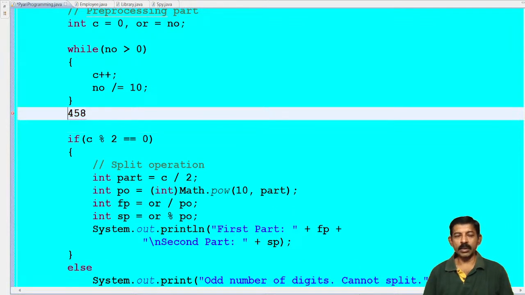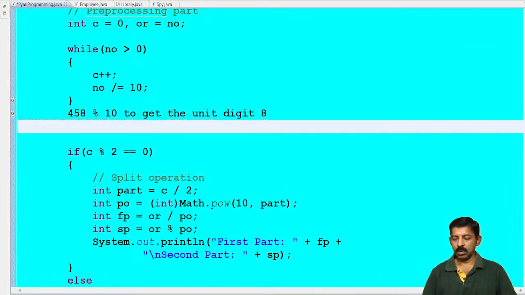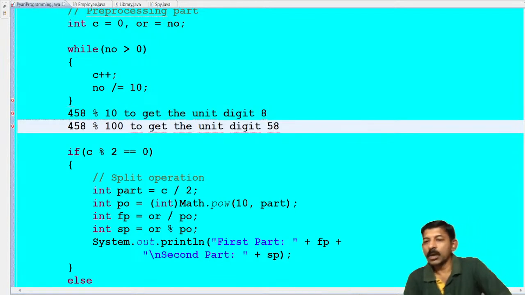So in order to get the unit digit I am dividing it by 10, I'm saying modulo 10 to get the unit digit 8. In order to get 58, what I will do, I will apply 458 modulo 100 to get 58. This part understood?